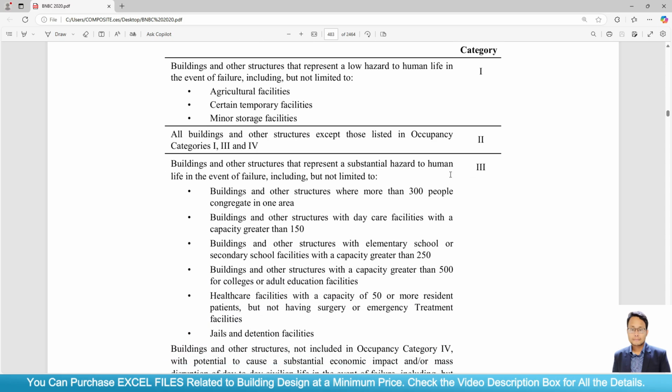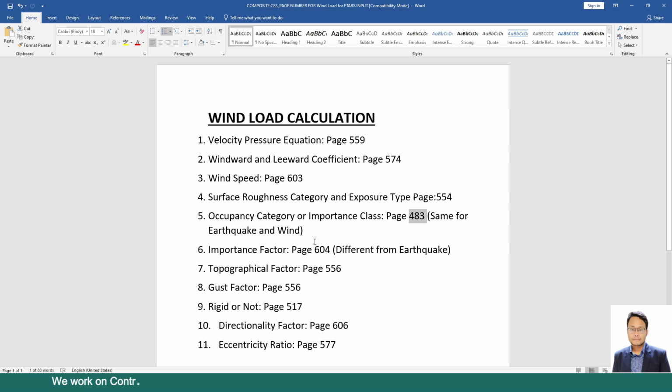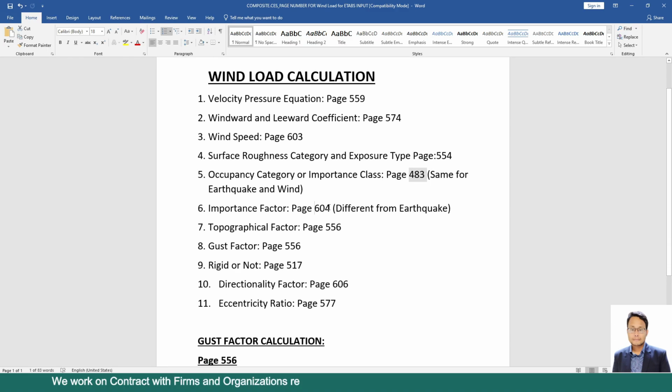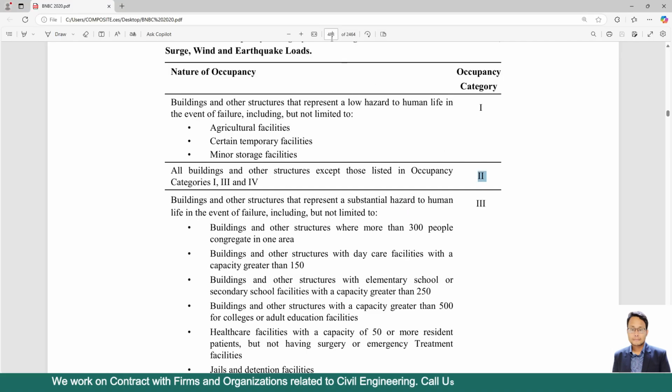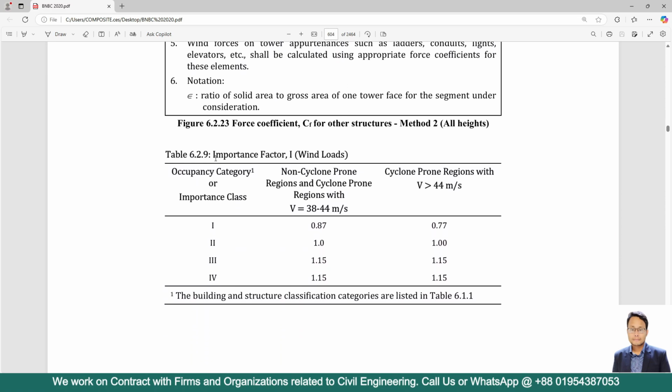From here, from the earthquake calculation, we already know that the occupancy category of our structure is 2. Then go to importance factor 604. Importance factor for wind loads.